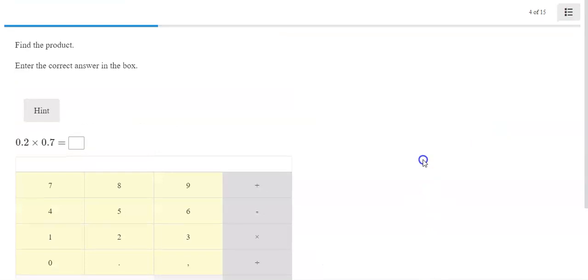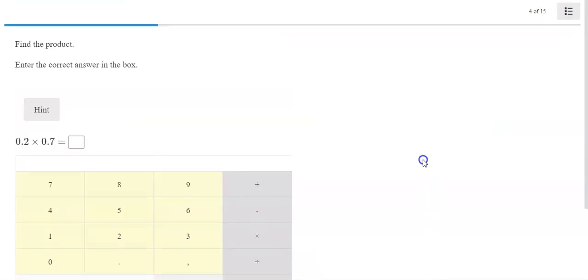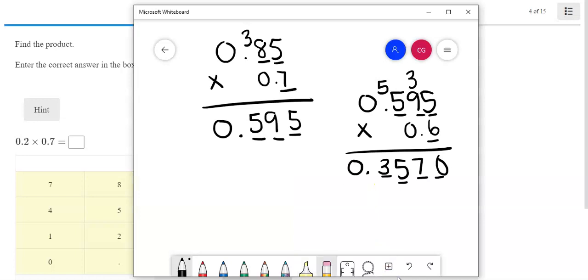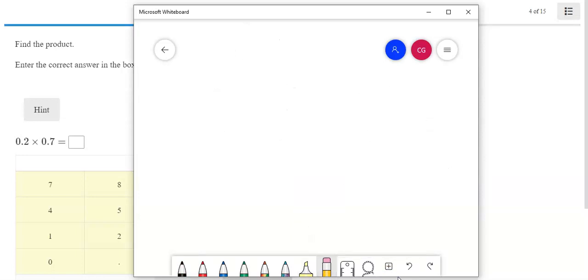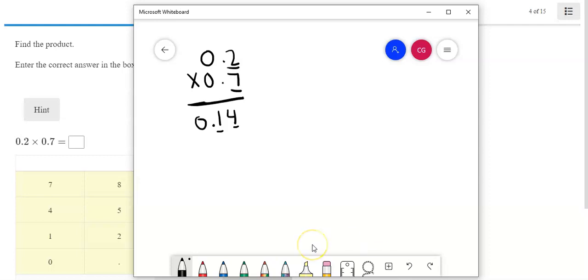Number 4, find the product. So we're just going to be multiplying these out. A lot of you could probably do this one in your head. We have 0.2 times 0.7. 2 times 7 is 14. There's 1, 2 spots. So I have 0.14 as my answer.